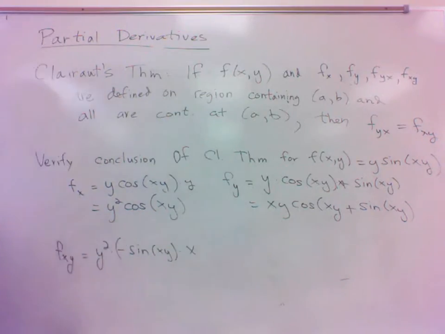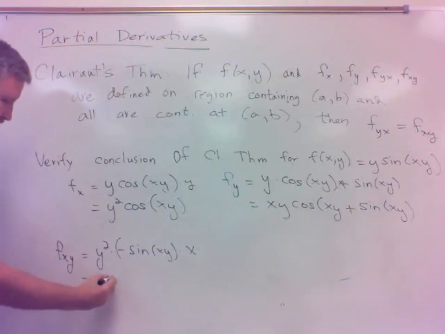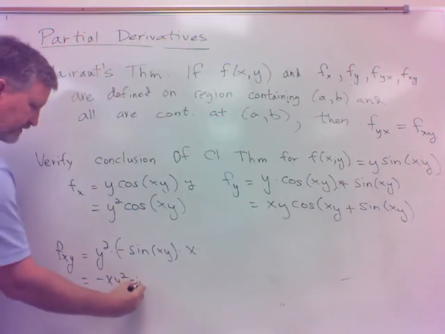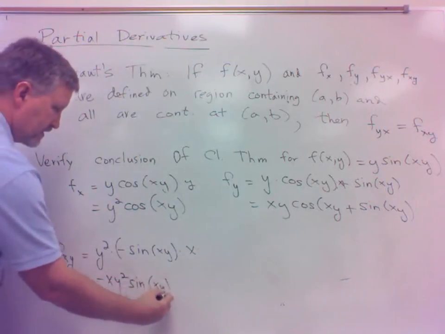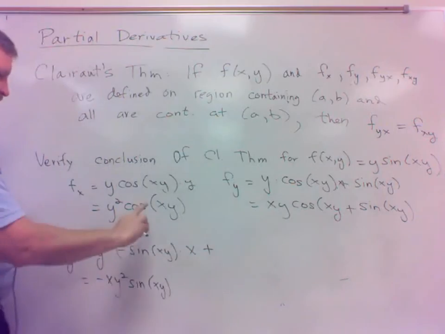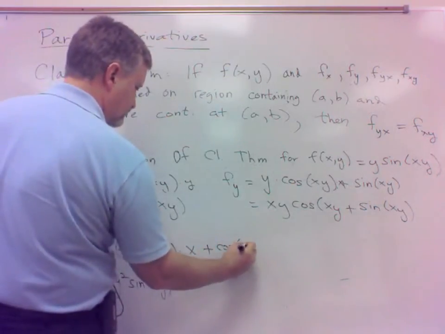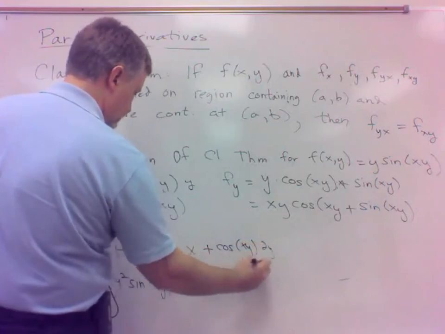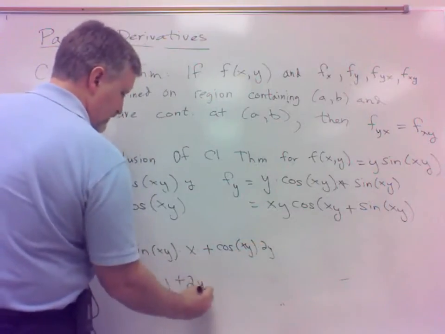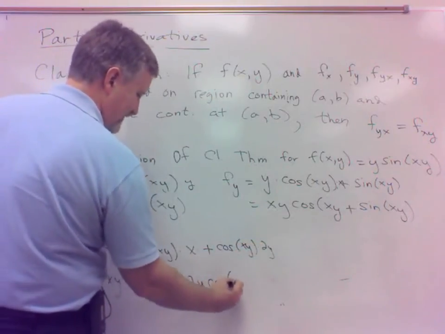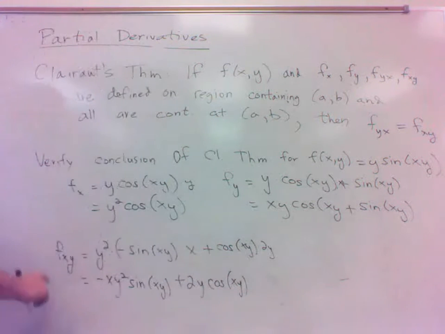Yep. So it's negative xy squared sine of xy. Plus, then reverse that, cosine of xy times 2y. Okay, let's hope that other one works out. So we need that other one to look something like that.